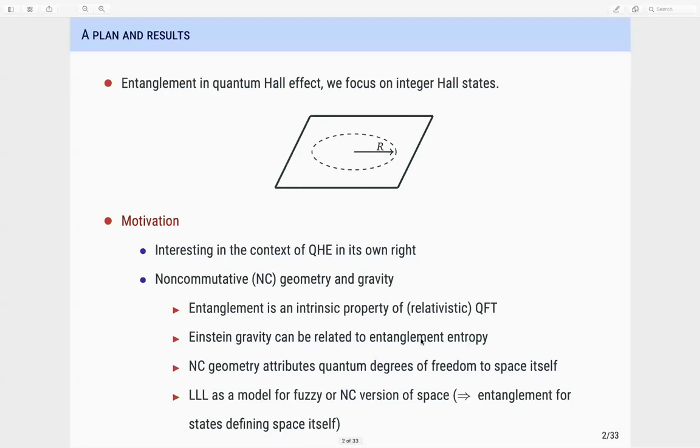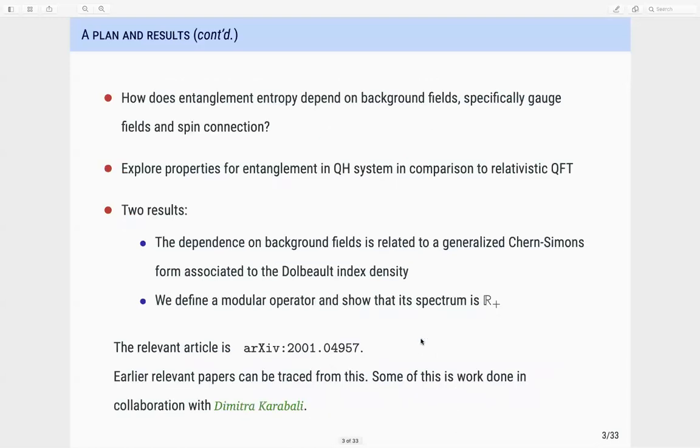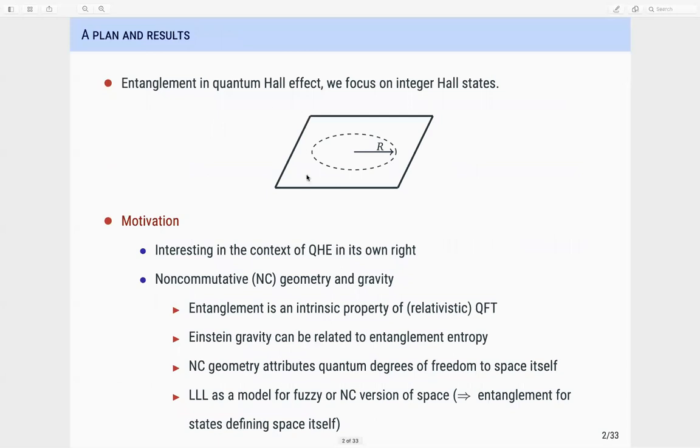And to begin with, I want to explain what I'm hoping to find. The key question we want to ask is, how does the entanglement entropy for the Hall system depend on background fields, specifically gauge fields and the spin connection? Going back to this picture, I mentioned the magnetic field. You can change the magnetic field and ask, how does the entanglement respond to that?